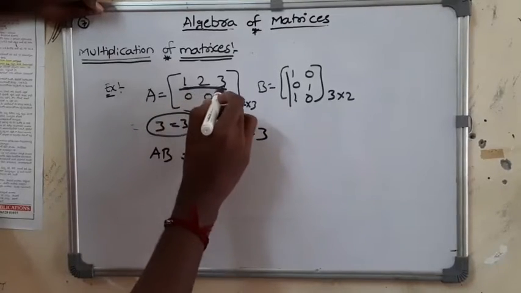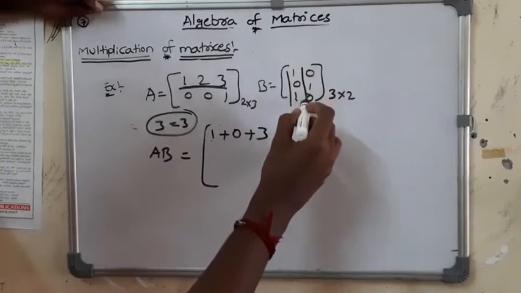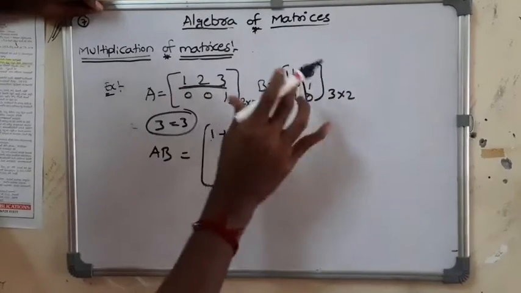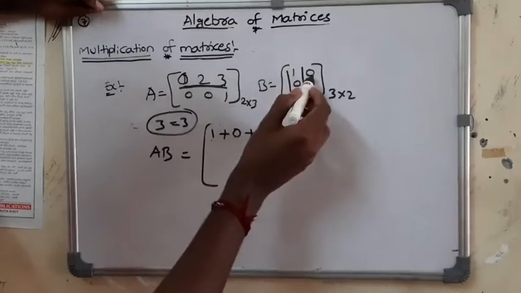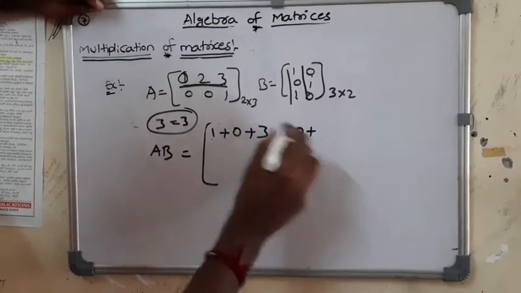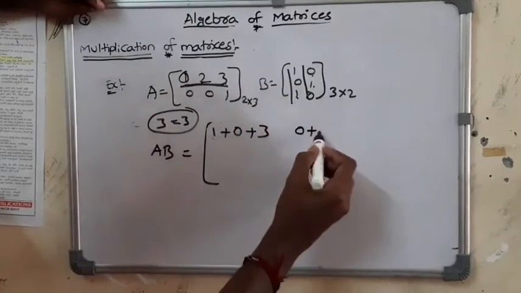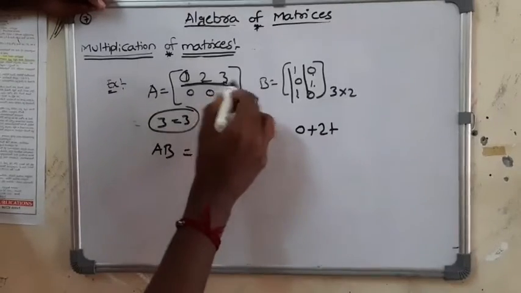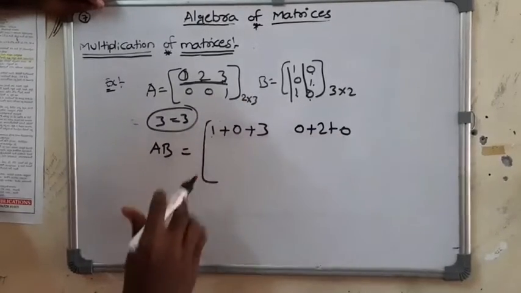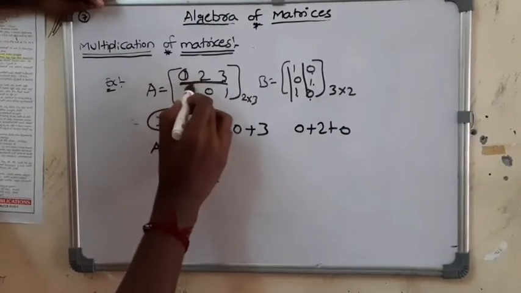Again this row is multiplied with the second column in the B matrix with corresponding elements. Here 1 is multiplied with 0, which is 0, plus 2 multiplied with 1, which is 2, plus 3 multiplied with 0, which is 0. We can complete this row.